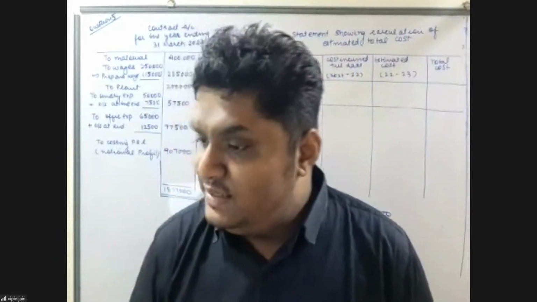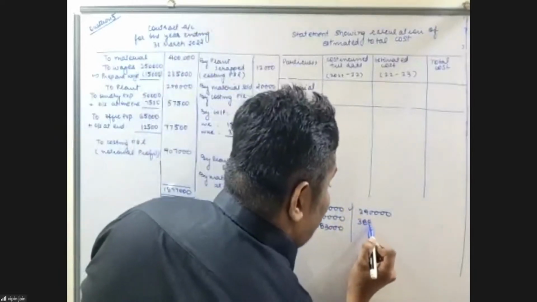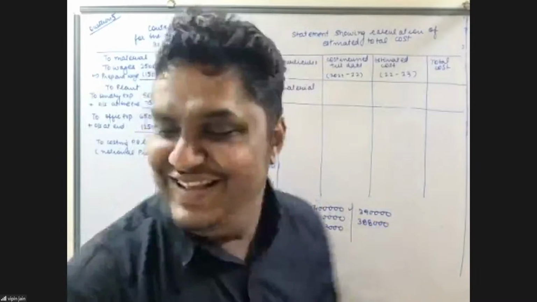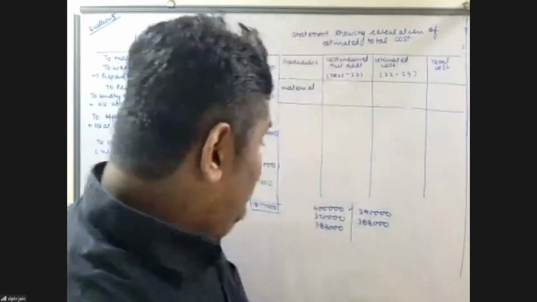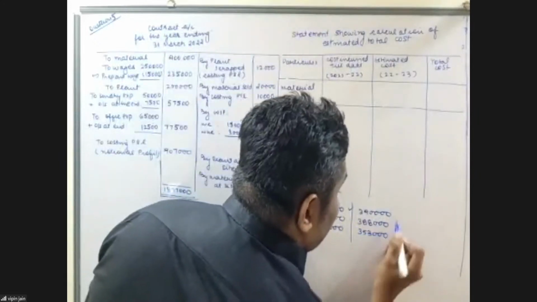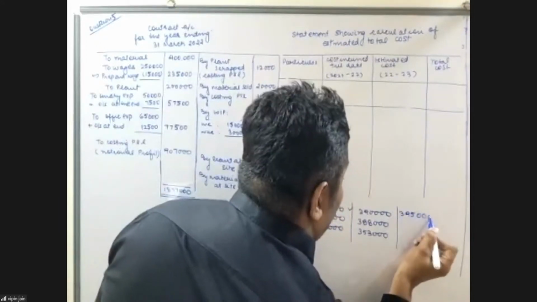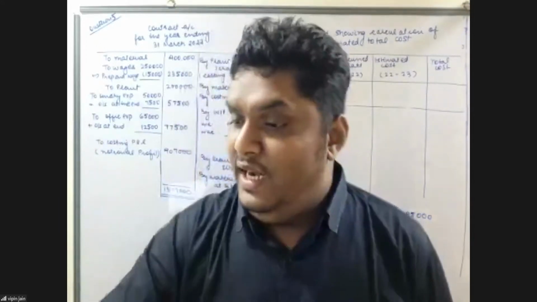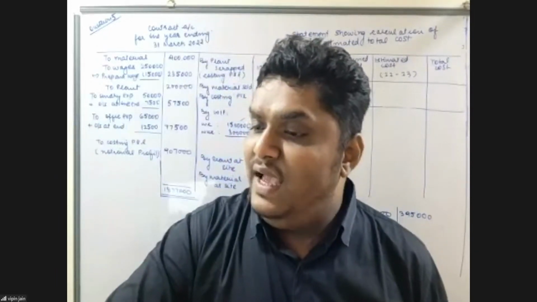Okay, there is one more answer, 3,88,000. 353, 395. Anyone with a new answer? Waiting for your answers, guys.